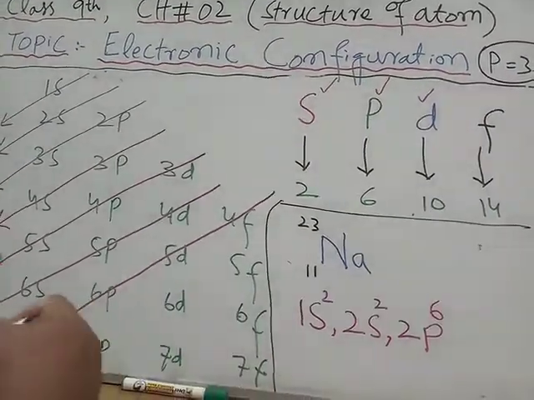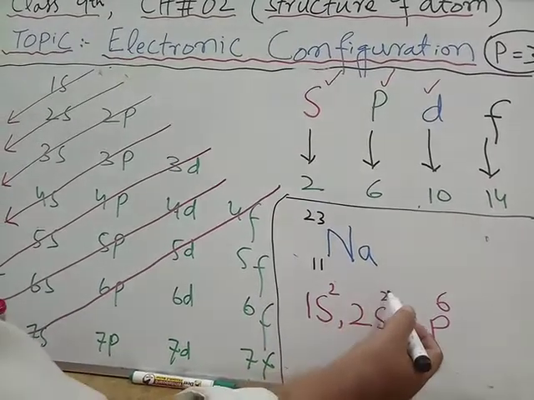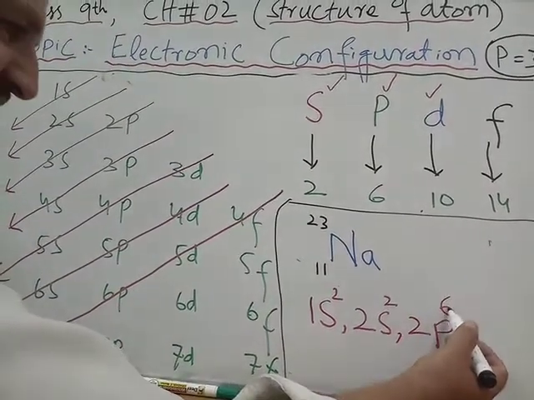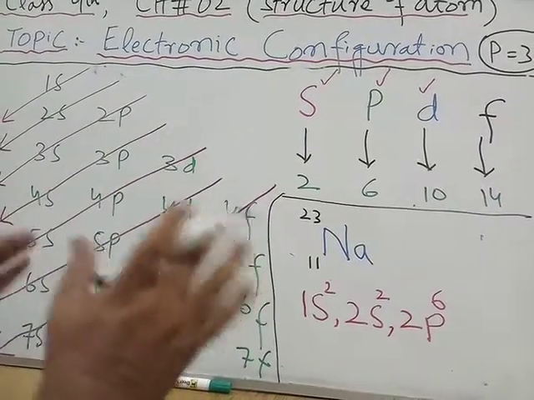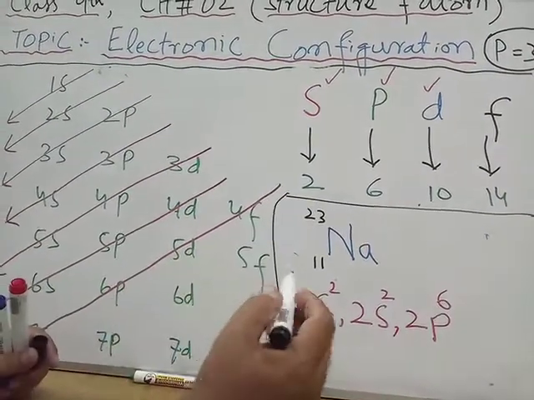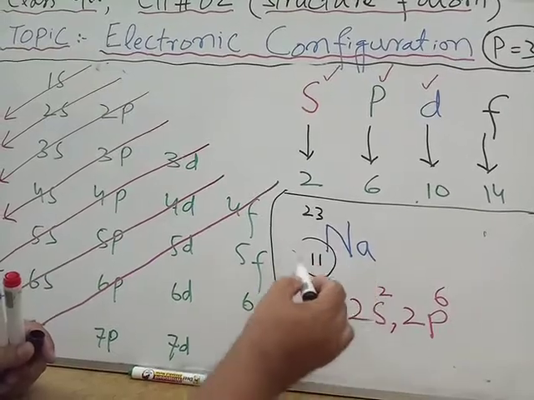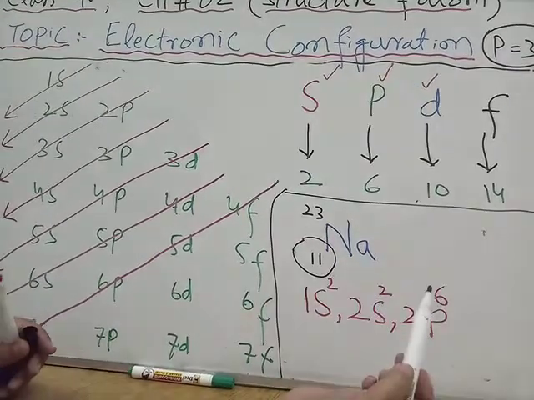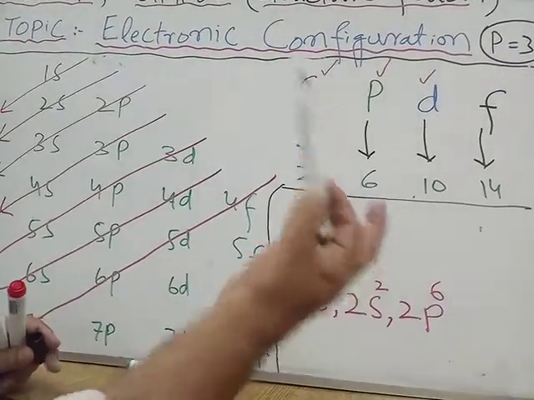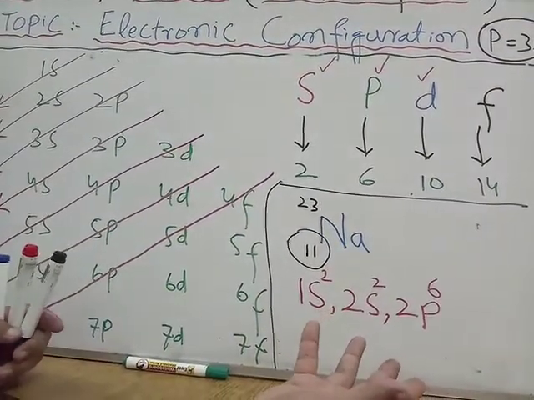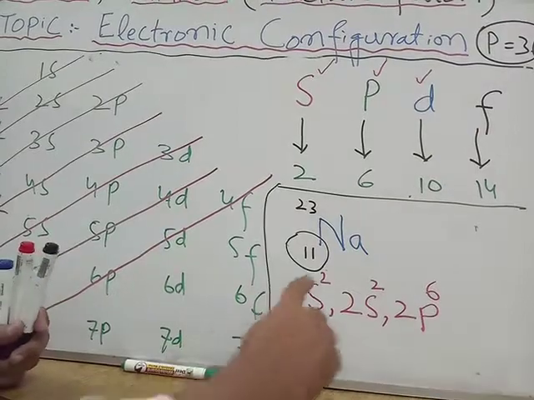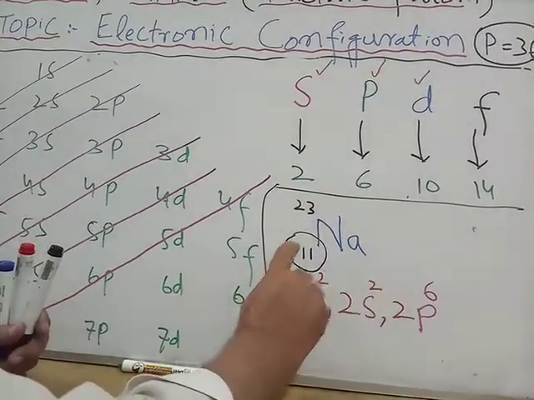How many electrons have we accommodated? 2 plus 2, 4, plus 6, 10. So we have accommodated 10 electrons so far. How many electrons are there in total? 11. So the next subshell will have just 1 electron, because we don't have more electrons to accommodate. We have accommodated 10 and the total is 11.